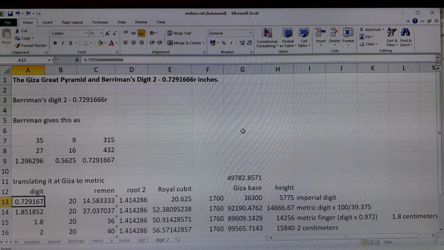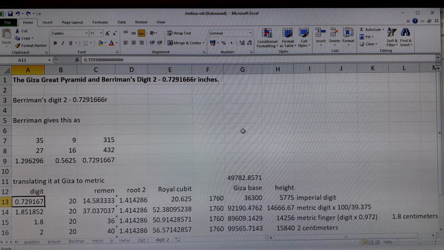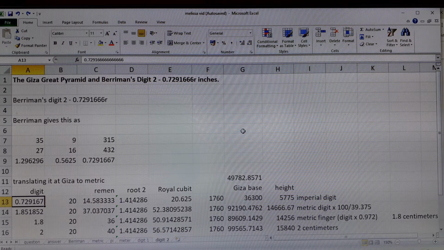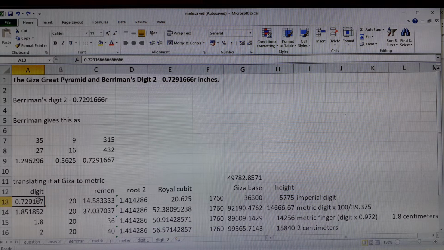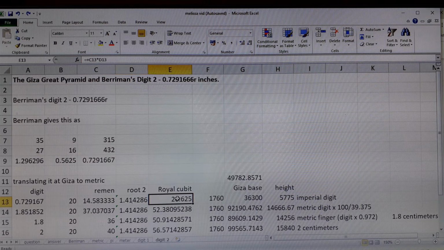And we can translate this at Giza because there are 20 digits in a Riemann, and Riemann root 2 is the royal cubit, and we can produce a royal cubit. It's this digit, the digit 2, multiplied by 20 to give the Riemann, and then by root 2 as 99 over 70, to give 20.625 as the royal cubit.